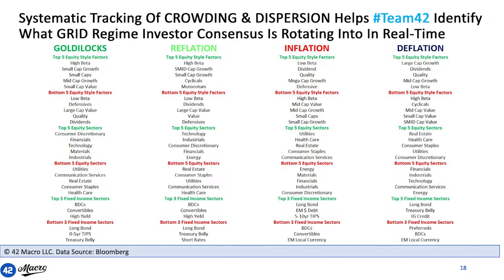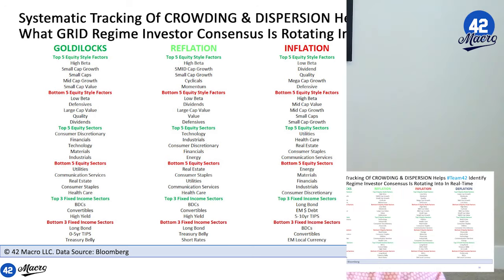On slide 18, the systematic tracking of crowding and dispersion helps Team 42 identify what macro regime investor consensus is rotating into in real time. This is something we've caught on to in our recent notes and publications: the investor consensus is either being forced by the risk management systems at the so-called pod shops into putting on deflation, or they're fundamentally agreeing with our outlook.